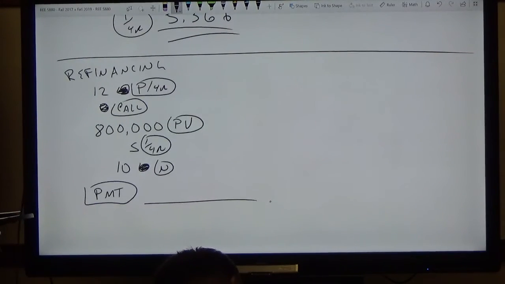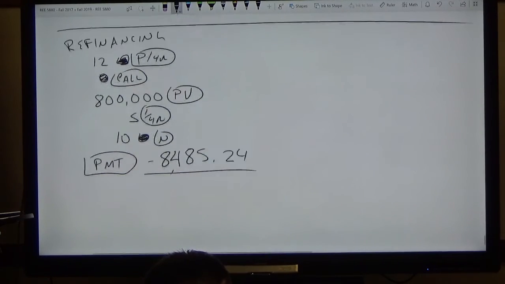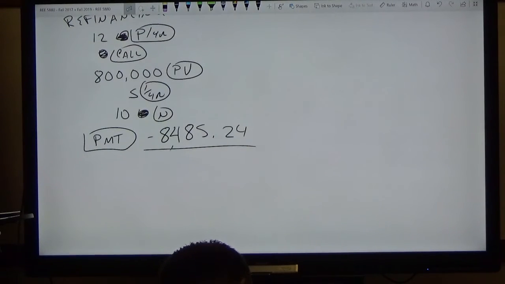So we get our payment. Let's see what it is. 84, 85, 24, okay? Everybody good? Now, that was our interest rate whenever we acquired the property.